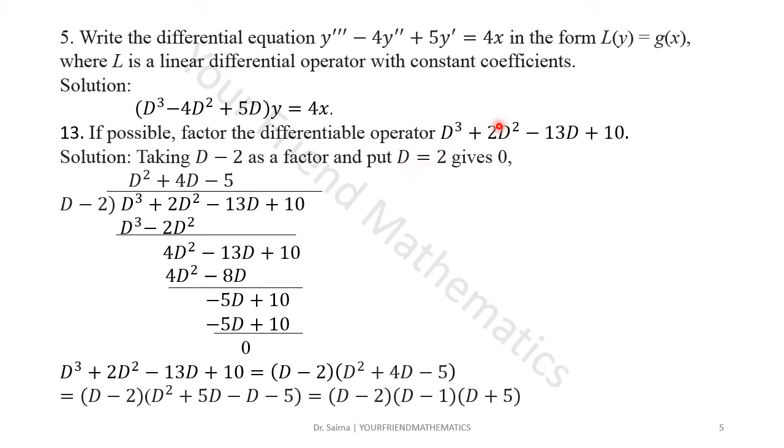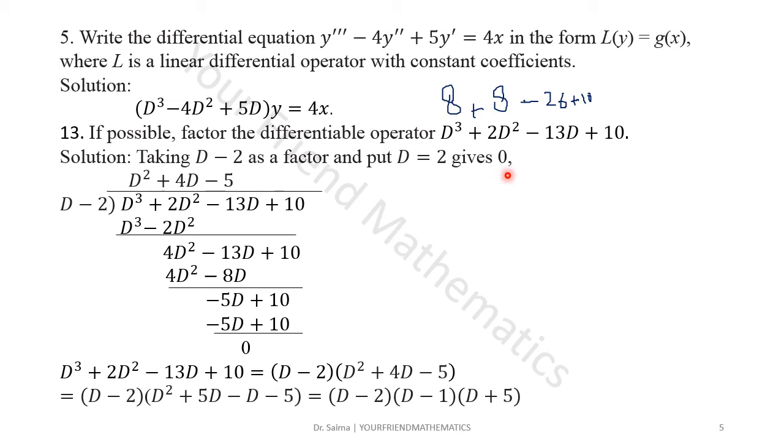We put D equal to 2 in this polynomial: 2 cubed is 8, plus 2 into 2 squared, which is 4, 4 twos are 8, minus 13 twos are 26, plus 10. It gives 8 plus 8 is 16, plus 10 is 26, minus 26. So it gives 0. So one of the factors is D minus 2.